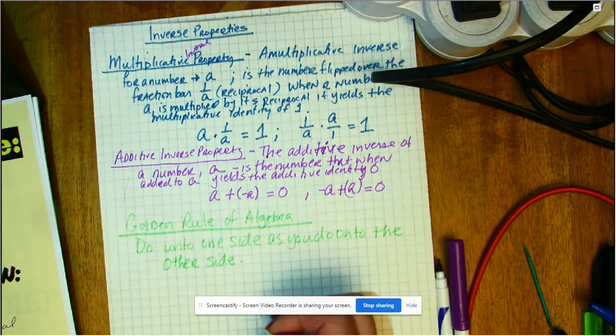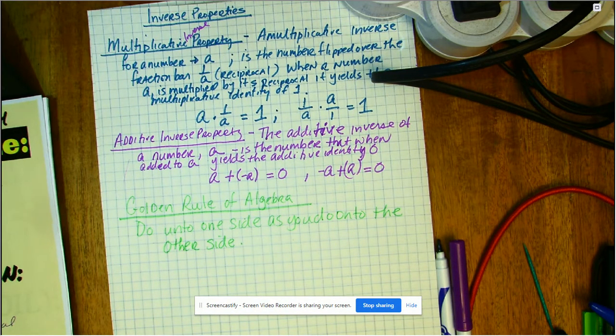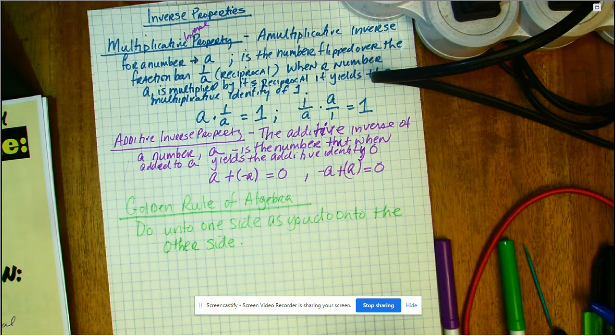And that just means that if we're going to maintain equality or inequality, we have to do the same thing to both sides in order to maintain that balance.